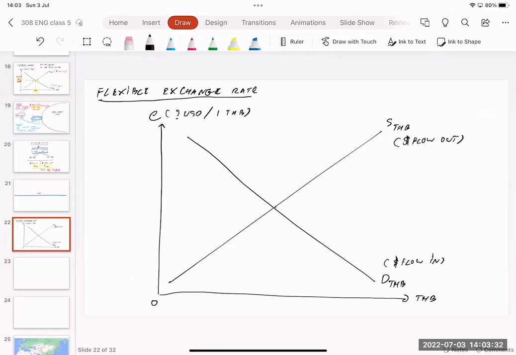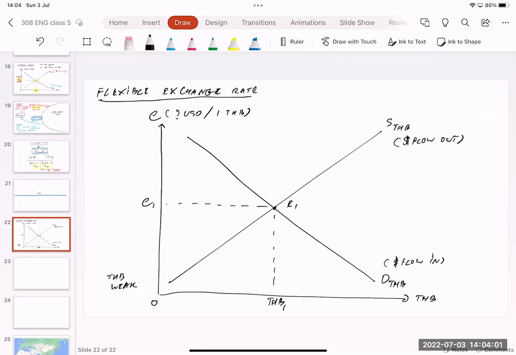And then we have the equilibrium point. Let's say E1. At the equilibrium point, the number of Thai baht in the market is going to be THB1 and the nominal exchange rate is going to be E1. Then I need to give you more detail. If the nominal exchange rate goes down, it means that 1 baht can get less US dollar, so the Thai baht is weak.